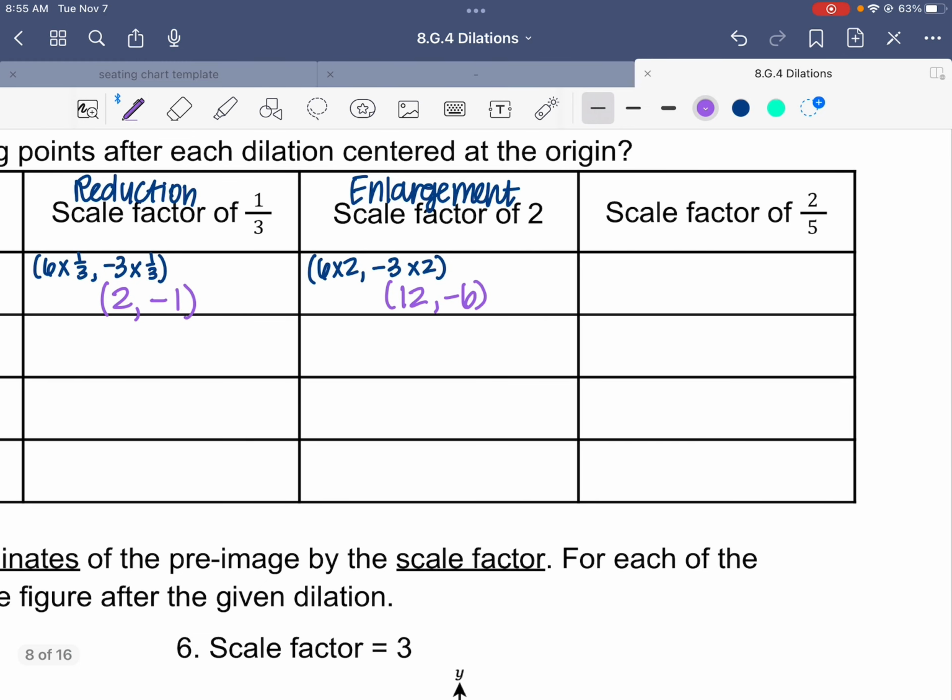And our last one is a scale factor of 2/5. This is a reduction because 2/5 is less than 1. So we're going to say 6 times 2/5 and negative 3 times 2/5.